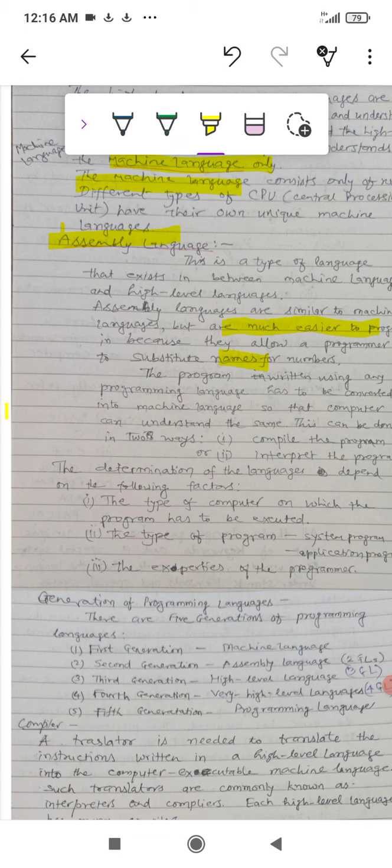So this is easy to understand for users, and the program written using only programming language.